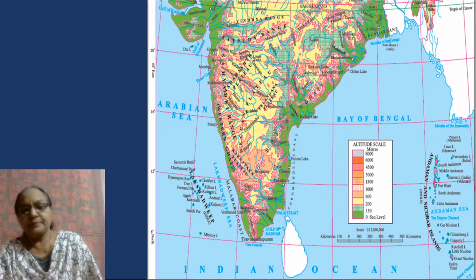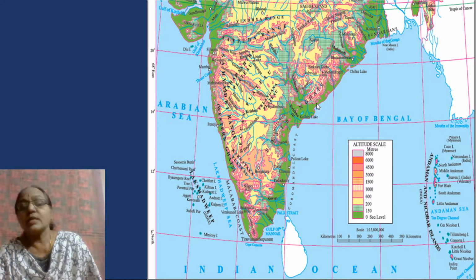Then what about the eastern coast? Now, if you look at the eastern coast, it is broader than the western coast, and most of the rivers which have their origin in the Western Ghats move through the plateau region and open into the Bay of Bengal because of the tilt of the Deccan Plateau.